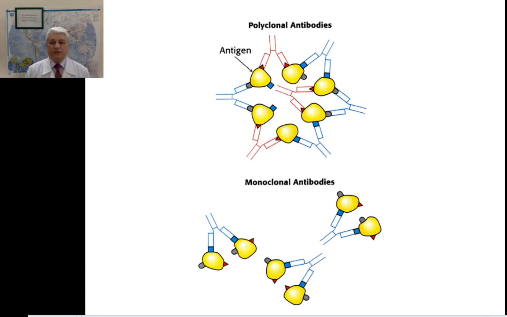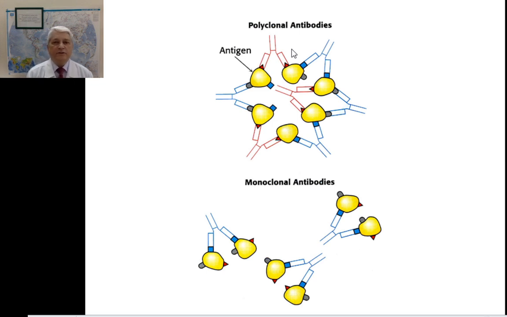On the pictures you see antigen with different antigen molecules on the surface, and by blue and red color you can see different antibody molecules are shown. Now please write polyclonal antibodies.